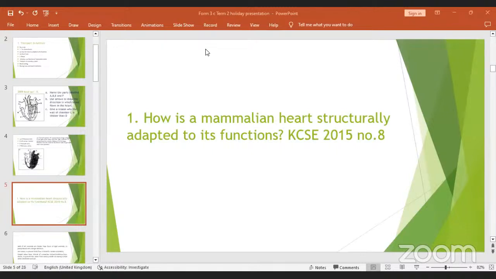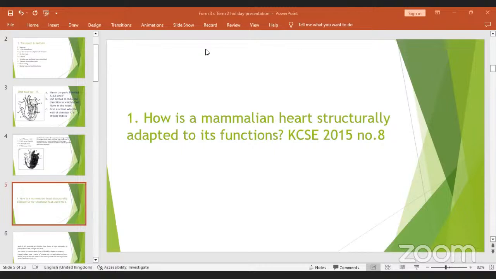Now, that should be in your answer. How is the pericardial membrane adapted to secrete pericardial fluid? So that it can be able to carry out the function. Somebody, what do we say about the pericardium? What enables it to secrete the pericardial fluid? Now, which plays that role?